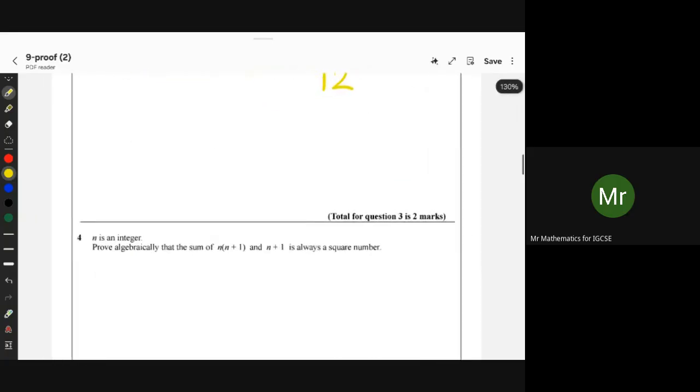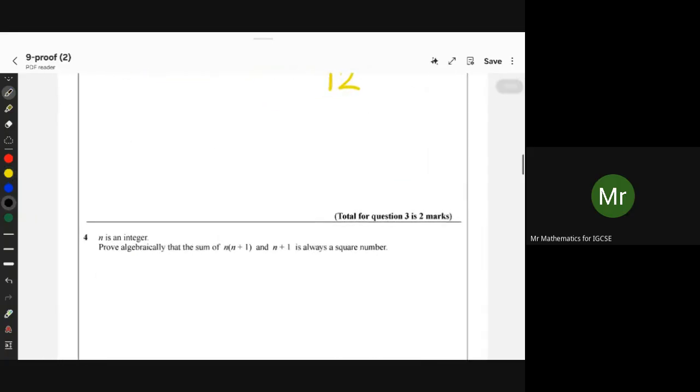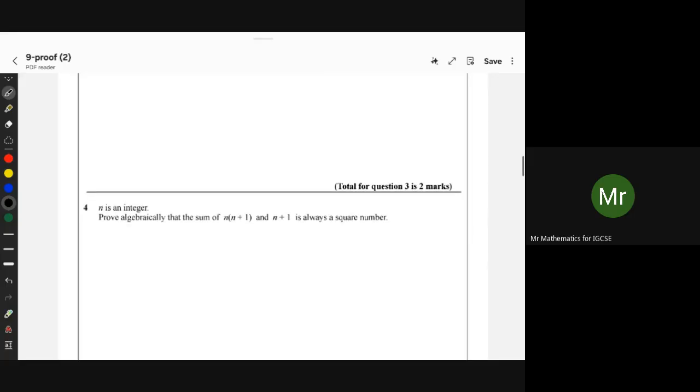Okay, next. He said n is an integer. Prove algebraically that the sum of n into n plus 1 and n plus 1 is always a square number. So we need the sum of them: n into n plus 1, plus n plus 1.